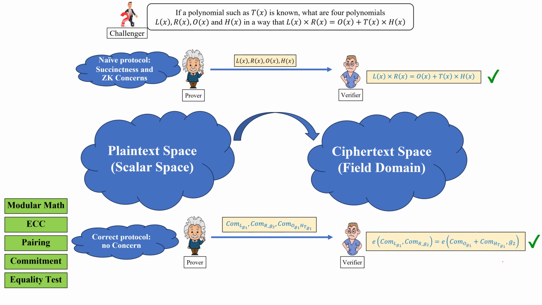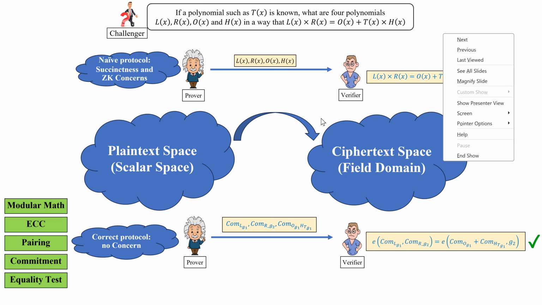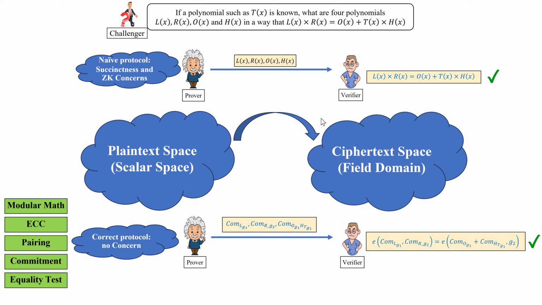Okay, so let's review very quickly again. In the first protocol, the prover sent the polynomials to the verifier, right? This means that we discussed it in the plain text space or scalar space. But in the final protocol, which is the accepted and correct protocol, the prover sends the commit of the polynomials and we discussed it in the field domain.